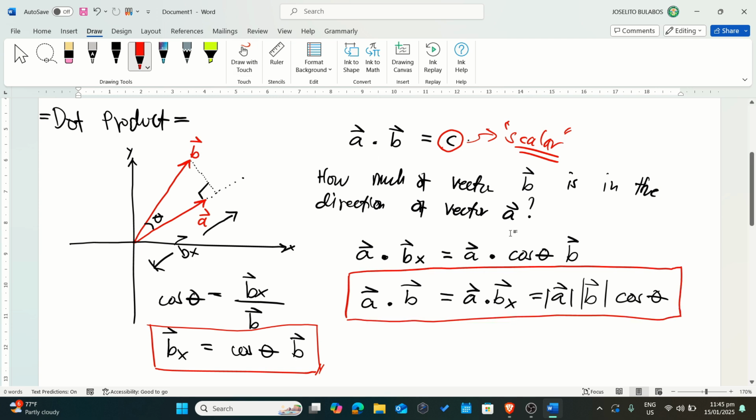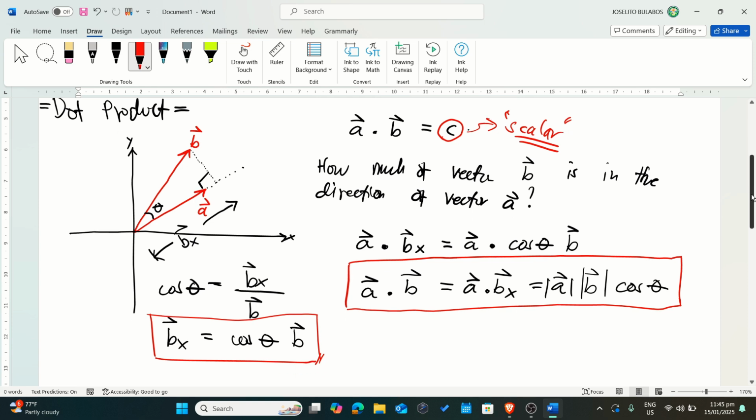Now you might think that the reference point is unique, such that we always have to follow that A should be our reference point. But that is not the case. We could change our reference point from vector A to vector B, and we will end up with the same equation. Let me show you this one.